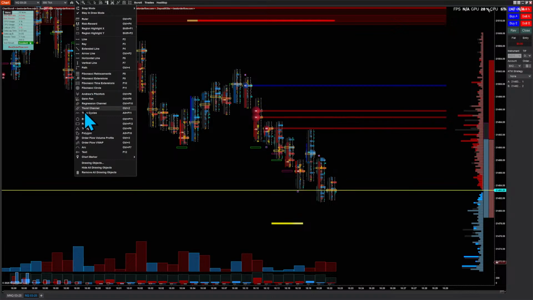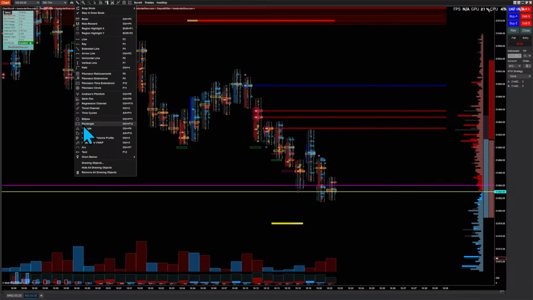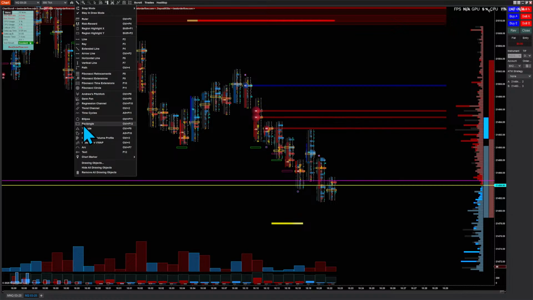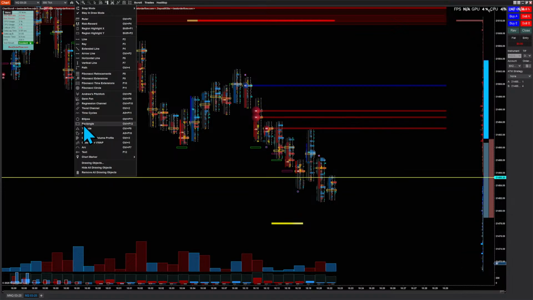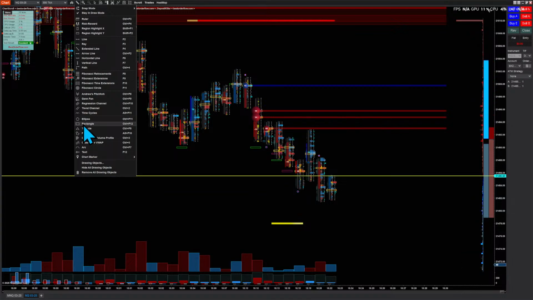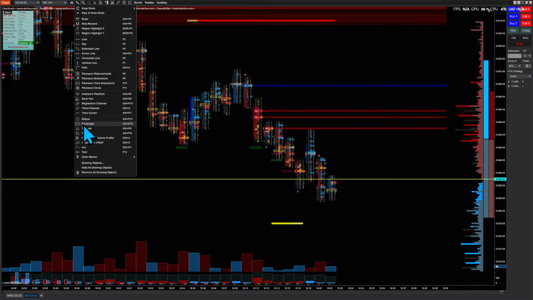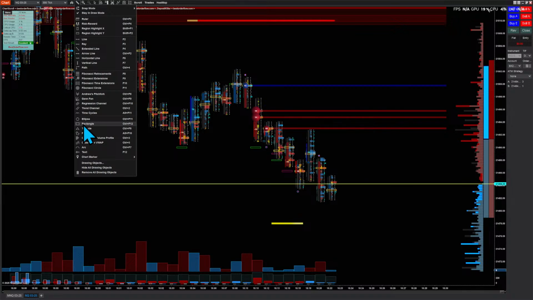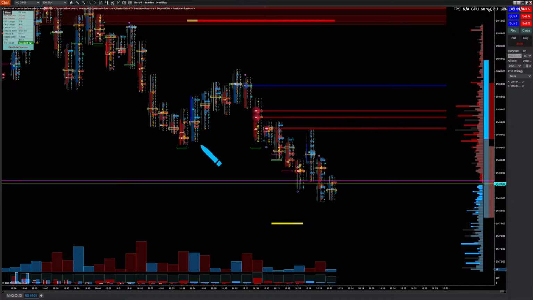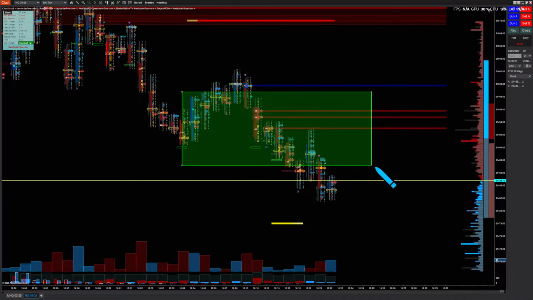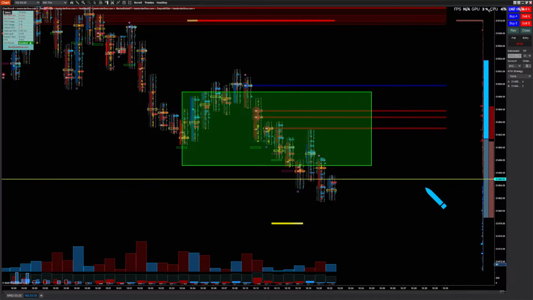Never do that. Even for this rectangle, we have our own rectangle indicator on Best Order Flow that doesn't put any extra load on your charts. Why am I talking about this? Because even this rectangle, depending on how many of them you put on your charts, may affect the speed of your charts.